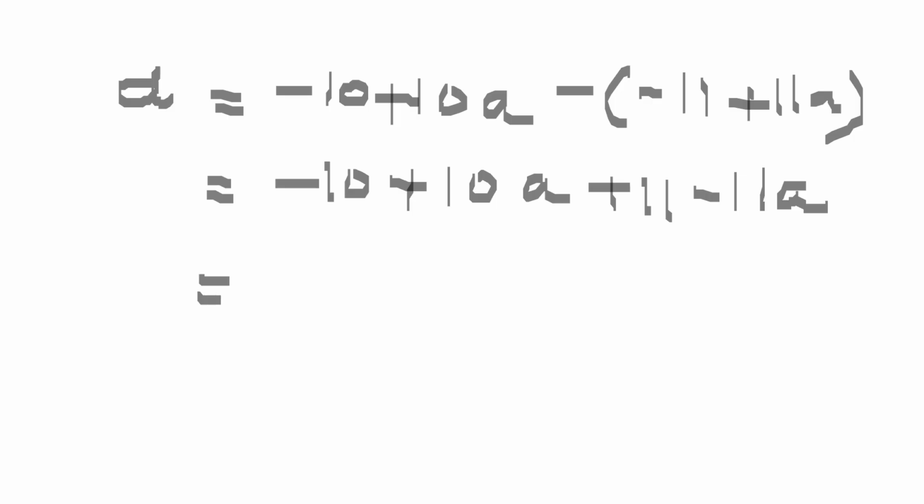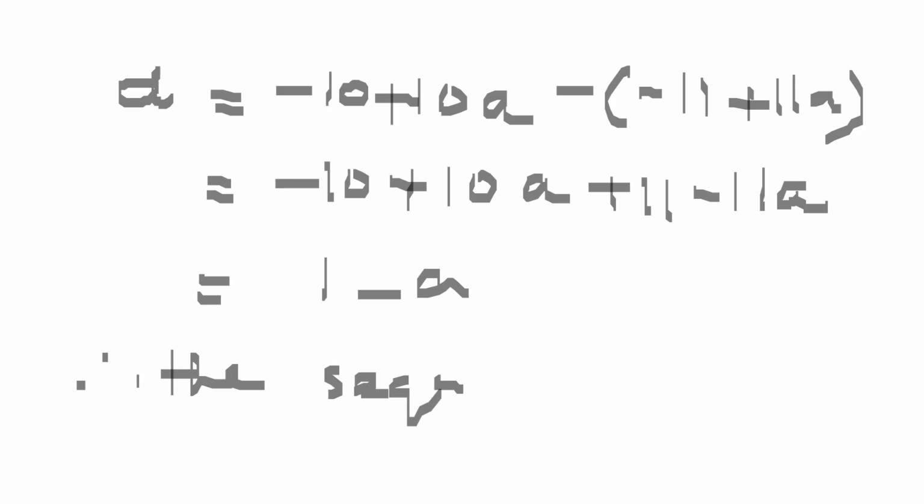So again minus 10 plus 11 is 1, and 10a minus 11a is again minus a. So we can see that the common difference is 1 minus a. In the previous case also we got 1 minus a. So we can say that the sequence is an arithmetic progression. Therefore the sequence is an AP.